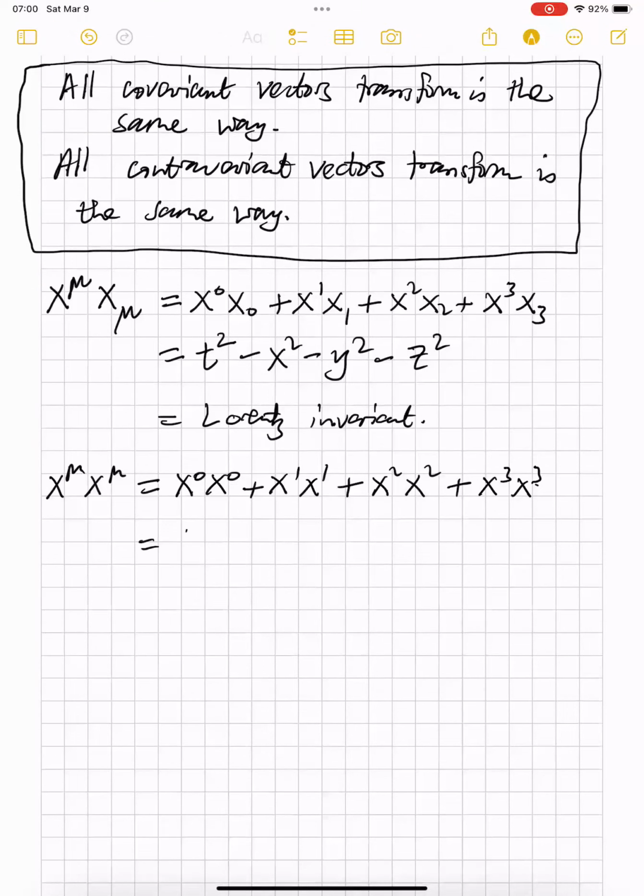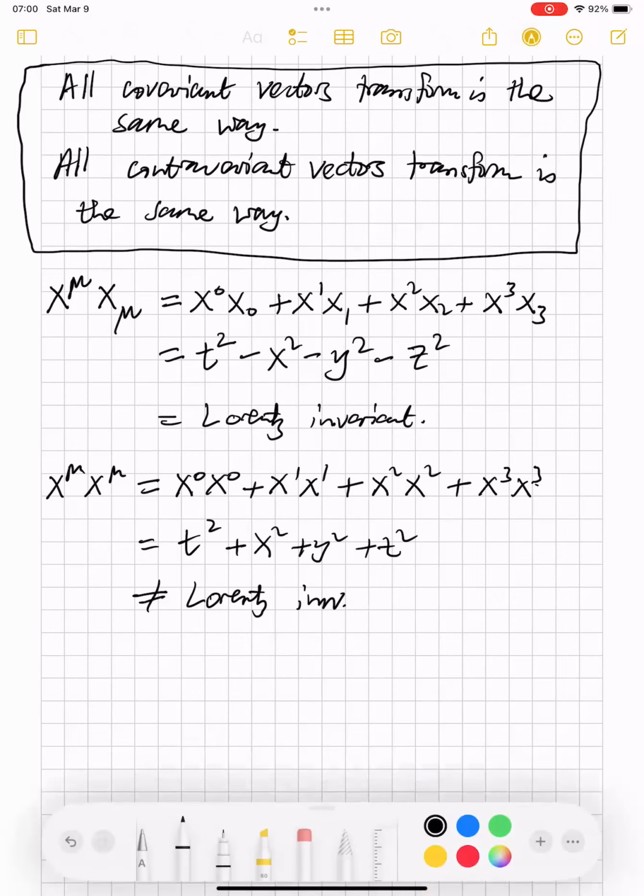Well, again, we can plug in components and we get t squared plus x squared plus y squared plus z squared. Well, this is not Lorentz invariant. If it's not Lorentz invariant, that means it's not boost invariant. It takes a different value in all different inertial frames. So it's not meaningful for physics. This is not a meaningful quantity at all. We would not be interested in it.